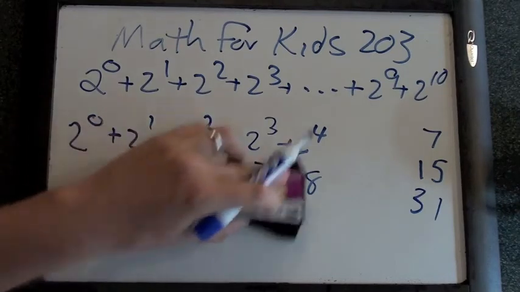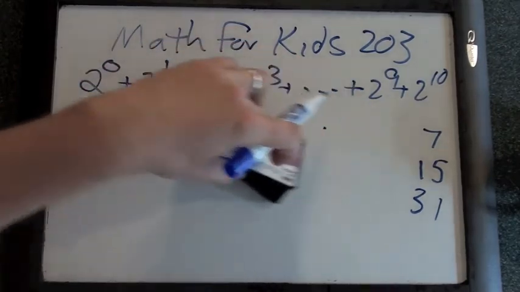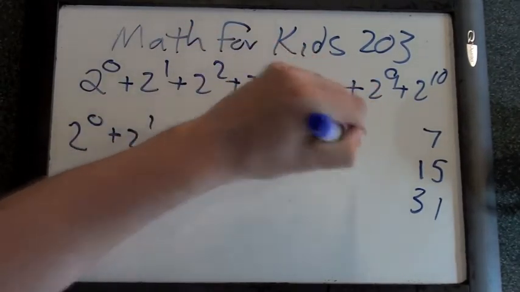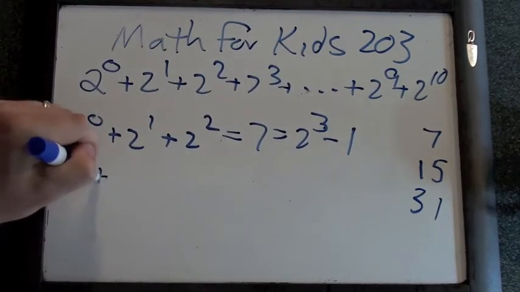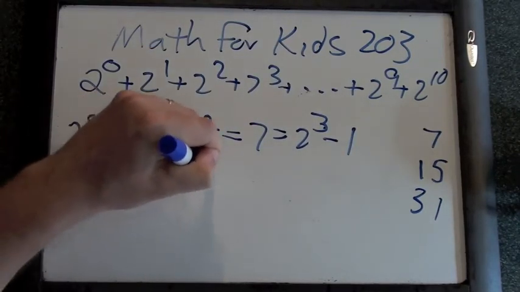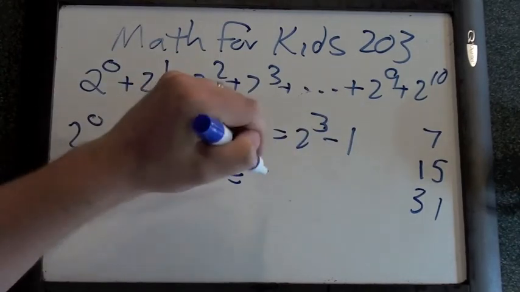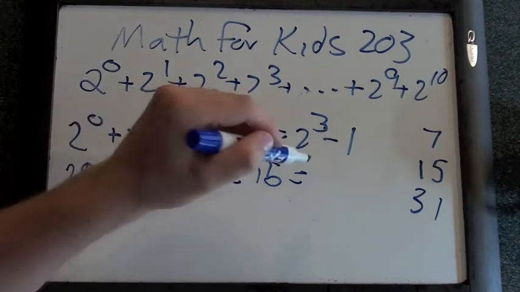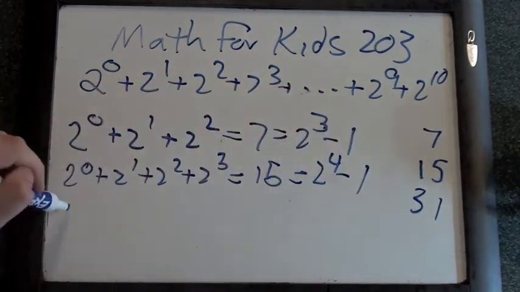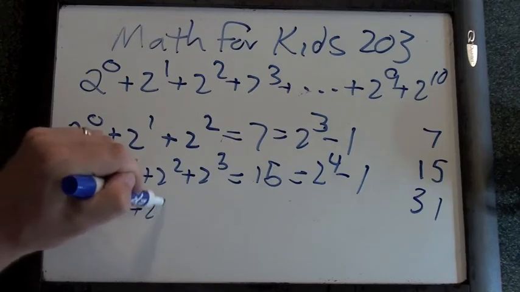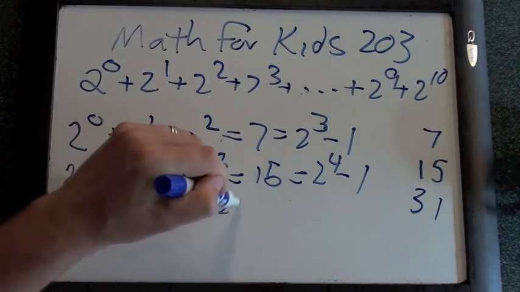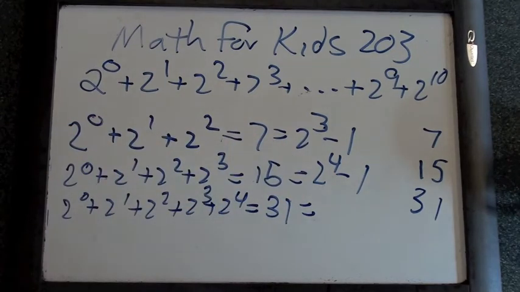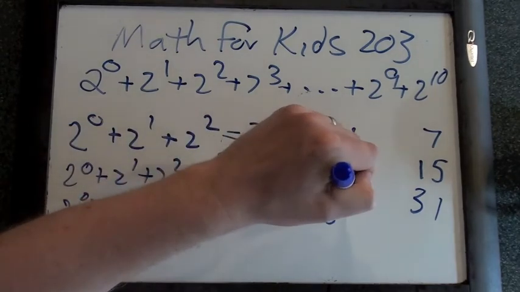Okay, so let's look at 2 to the 0 plus 2 to the 1 plus 2 squared, which is 7, which is 2 cubed minus 1. 2 to the 0 plus 2 to the 1 plus 2 squared plus 2 cubed is 15, which is 2 to the 4th minus 1. 2 to the 0 plus 2 to the 1 plus 2 squared plus 2 cubed plus 2 to the 4th is 31, which is 2 to the 5th minus 1.